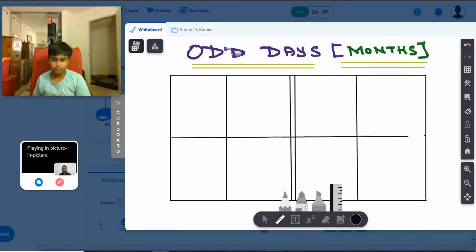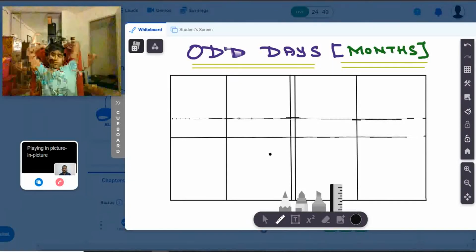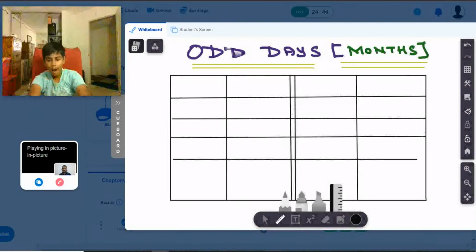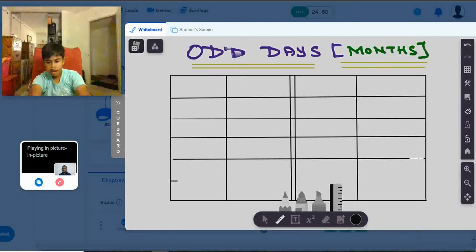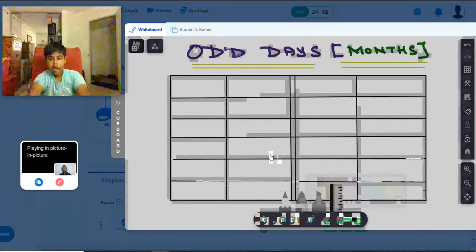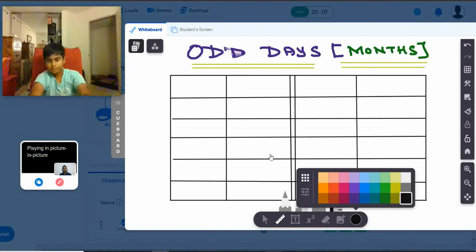So I need 12 months. So here it should be 3, 3 here, 3 here, and 3 here. Before we write the months, do you know how many days are there in each month?